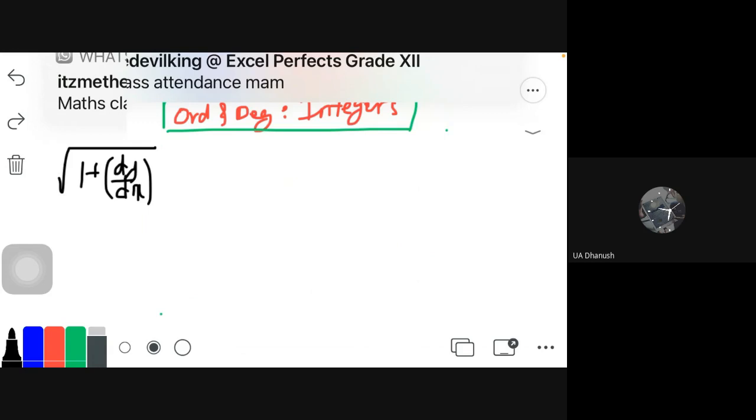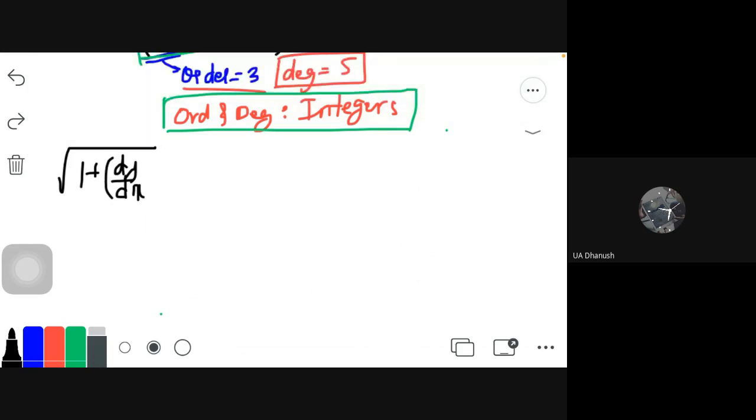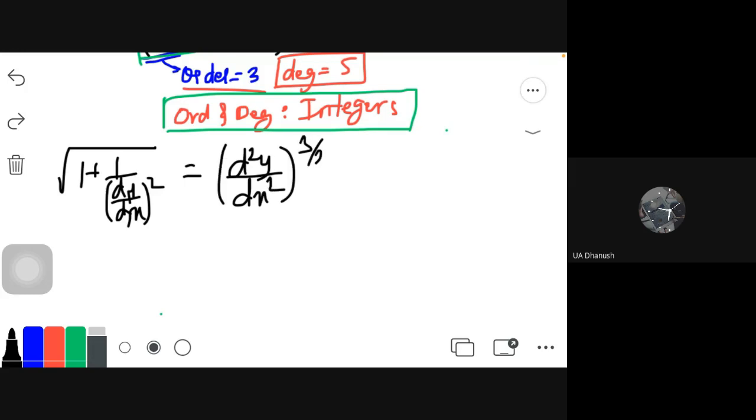Oh, sorry. It is 1 plus 1 by dy by dx, the whole square is equal to d2y by dx square raised to 3 by 2. Now I need to find out the order and degree of this differential equation.